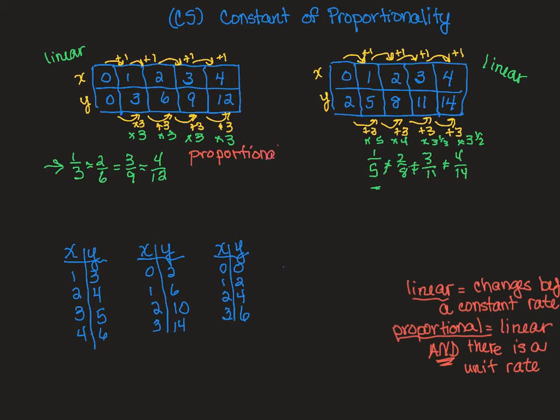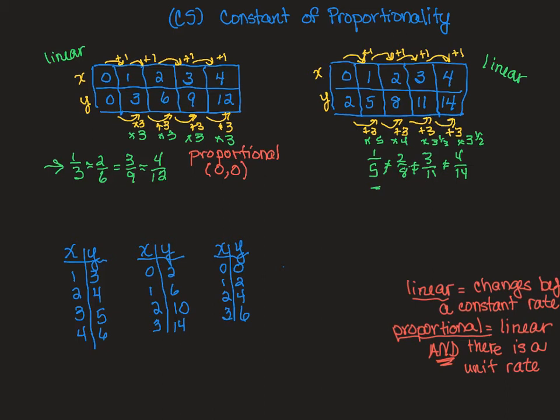Okay, so again, you can be linear, but not be proportional. And there are two things for proportionality that you can look at if you're looking in a table. You'll notice that 0, 0 will always be a data point in the table, in the graph, in the equation.